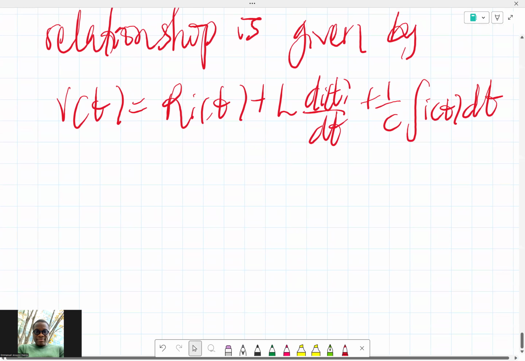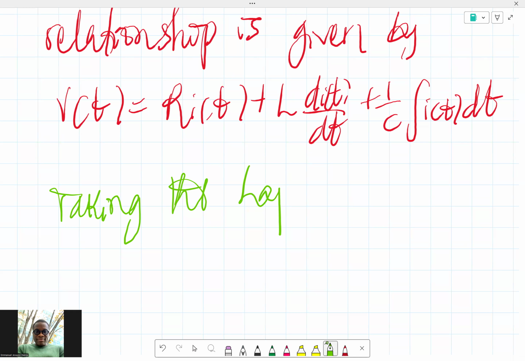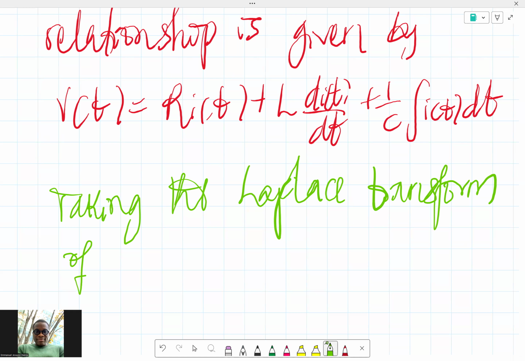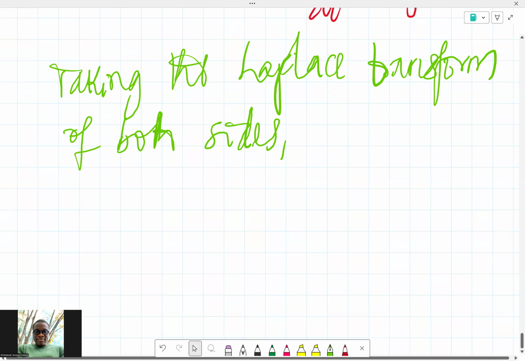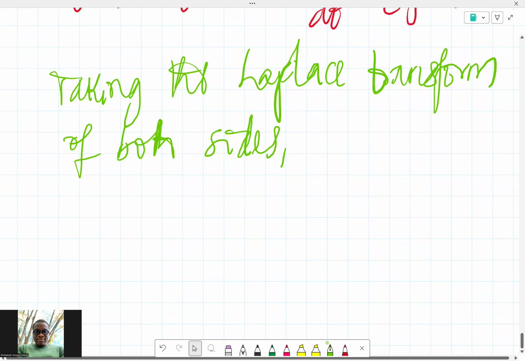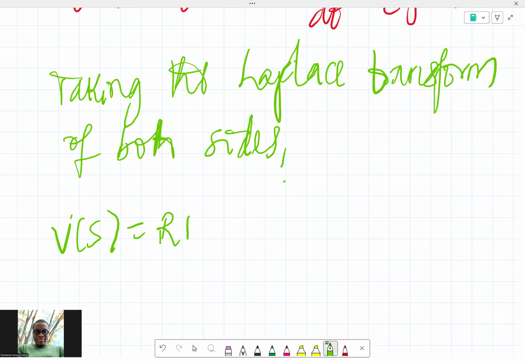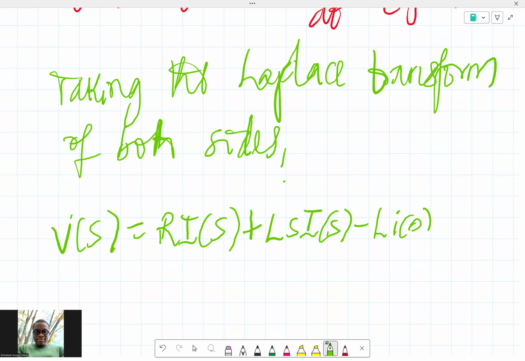Okay, so taking the Laplace transform of both sides, we've done this a lot, so I'll just go straight. We have V(s) equals R I(s) plus L s I(s) minus L i(0), then plus 1 over C times 1 over s I(s).